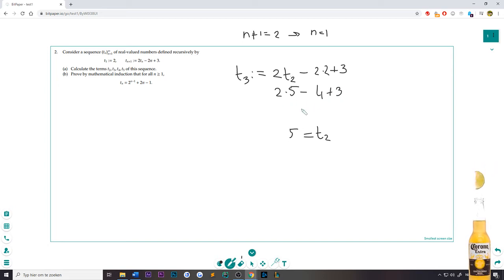So that's 10 minus 4, 6 plus 3 is 9, is T of 3. So I hope this makes sense to everyone, because this is super easy. This is just plugging in all the numbers and coming up with your answer. This is not the hard part. Okay? So hopefully no questions about this. And if there are, you've got the answer sheet, so you can look on the answer sheet.